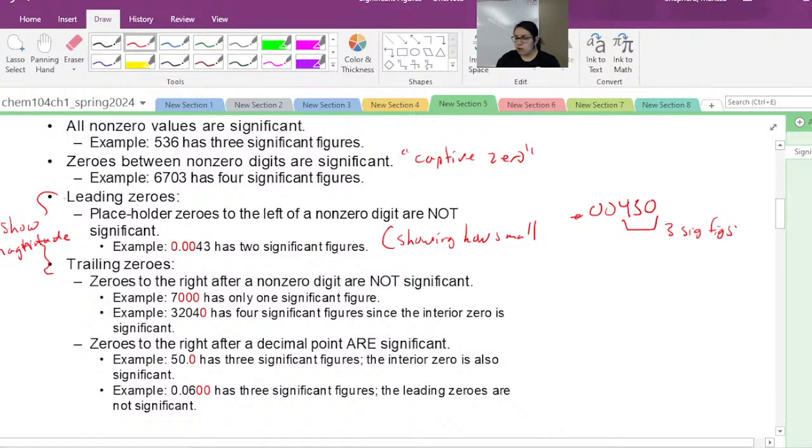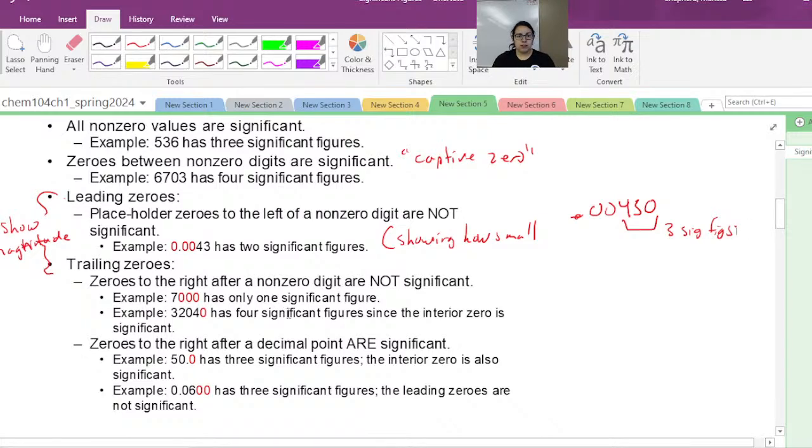This is when you don't have a decimal place. Looking at 7,000, this is only 1 sig fig, and all these zeros are just showing how big. This could also be a scale, so maybe this is 7,000 pounds, and it's really inaccurate, so those zeros are not significant.